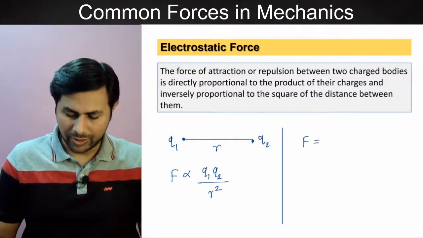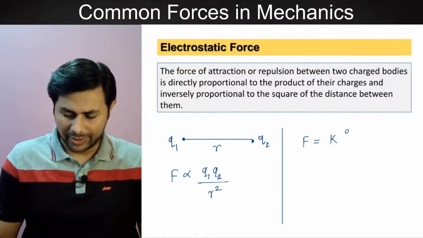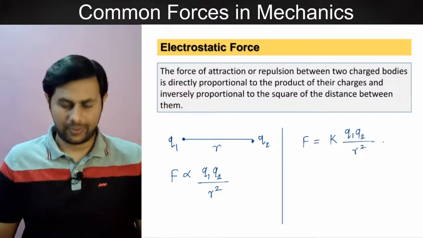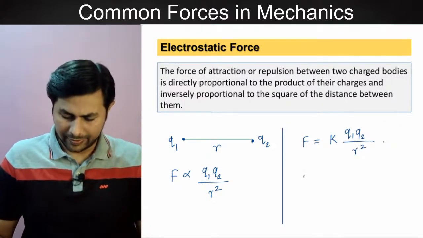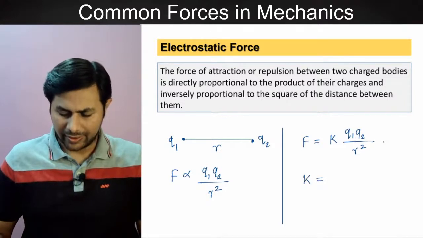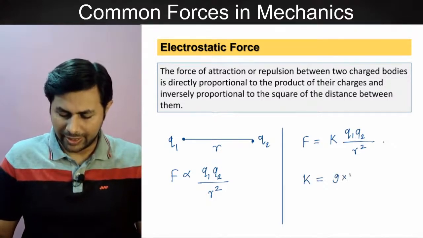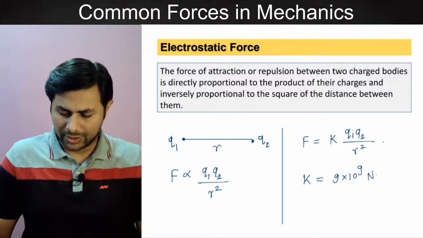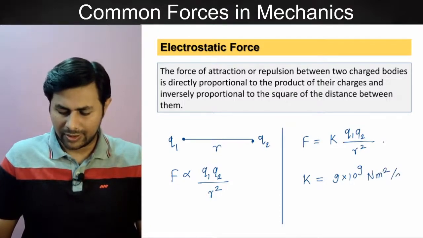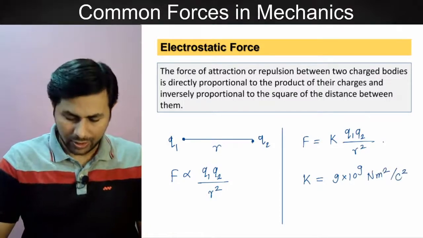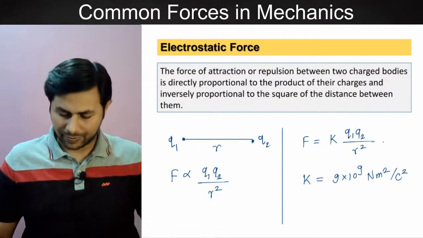So we get F equals k multiplied by q1 q2 over r squared. And this k is 9 multiplied by 10 raised to 9, and the unit is Newton meter squared divided by Coulomb squared. Coulomb is the unit of charge.